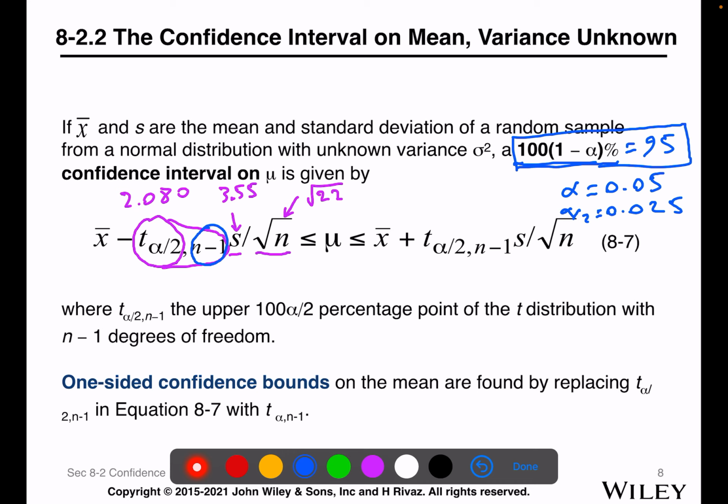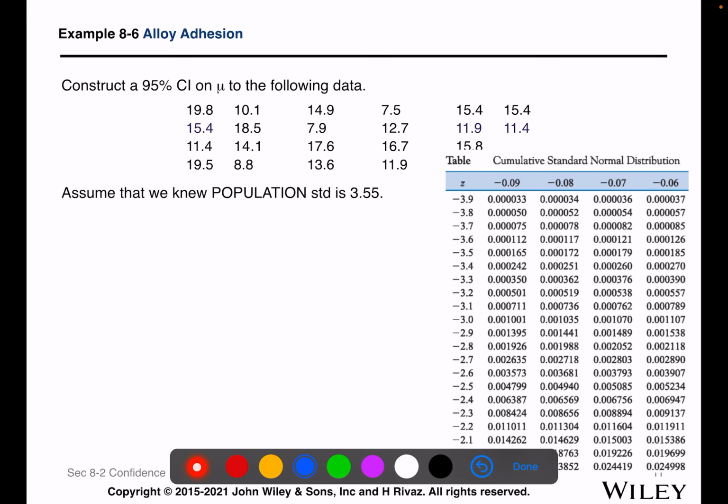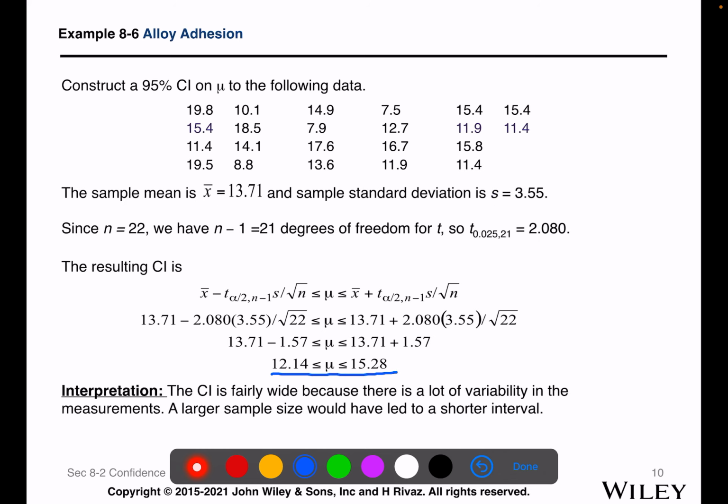Any other questions? Okay, so let's consider a hypothetical case where we knew that the population standard deviation is 3.55, right? So in the previous example that we did, all we knew was these 22 data points, right? We didn't know anything else, right?